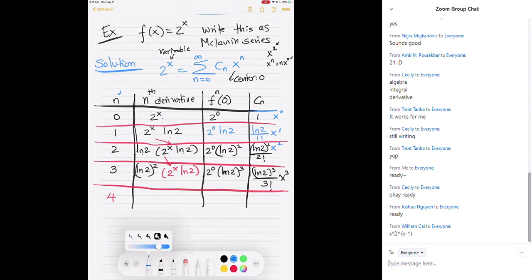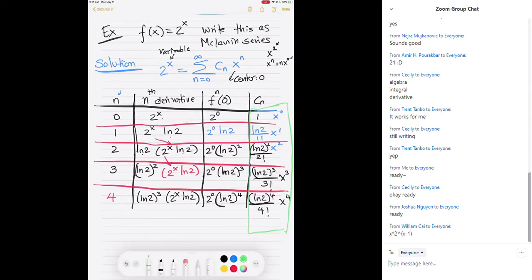Well, go on. If the pattern holds, ln 2 cubed 2 to the x ln 2. Thank you, sir. It's not so bad, really. And so this is 2 to the 0, ln 2 to the fourth, ln 2 to the fourth over 4 factorial x to the fourth. If you write it the way I'm writing it, then there it is. You have your power series. You're building it up.